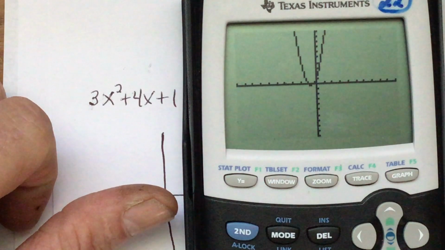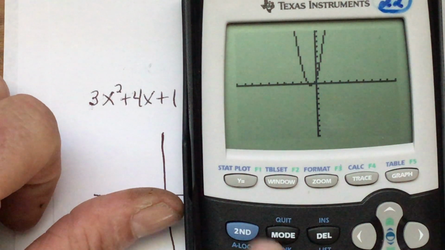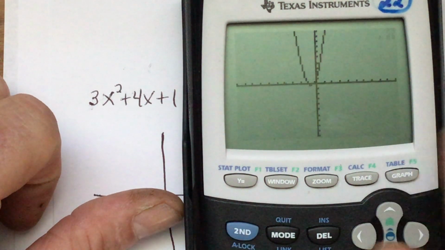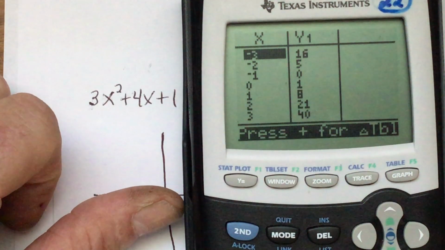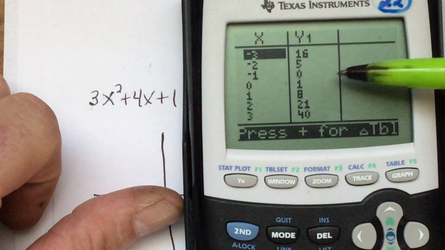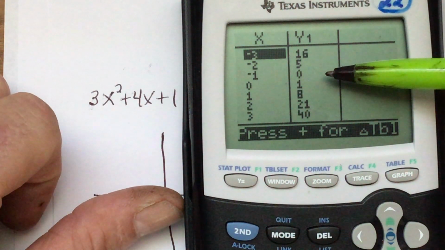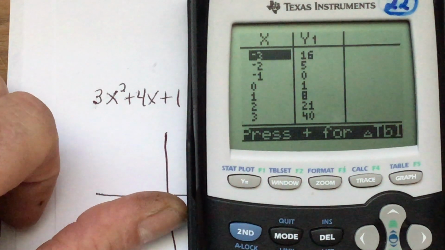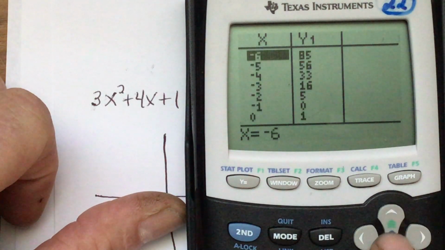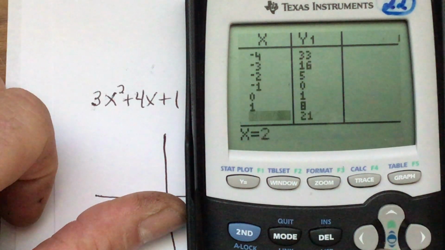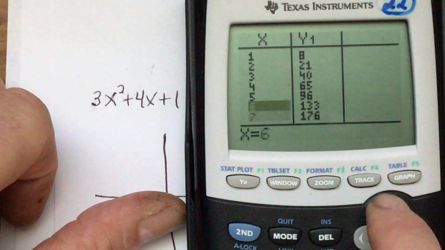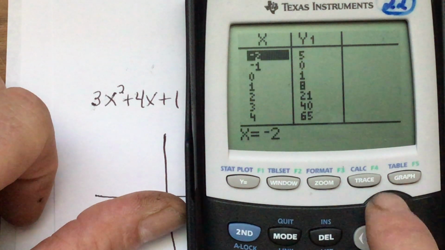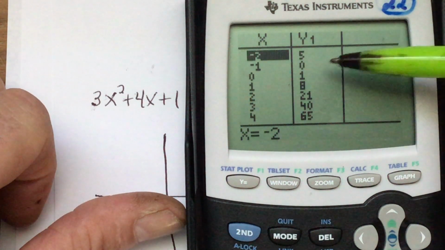Okay, this one might be a little different. Let's take a look at the table. No, actually it's not different. But still, I'm looking for numbers that repeat. And it's not going to give me exact numbers. So here's what I'm going to do.